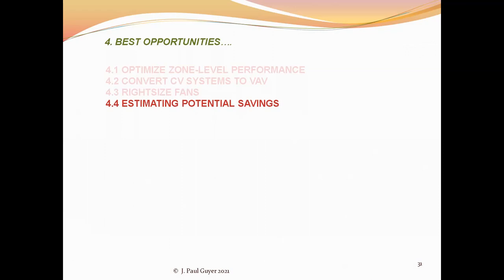Replace the existing oversized motor with a smaller premium efficiency motor that matches the load required. For example, right sizing a 75 horsepower standard efficiency motor to a 50 horsepower premium efficiency motor could reduce motor energy consumption by about 33%.